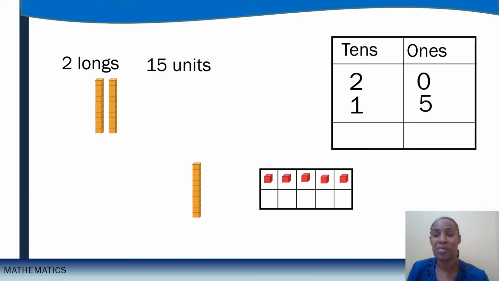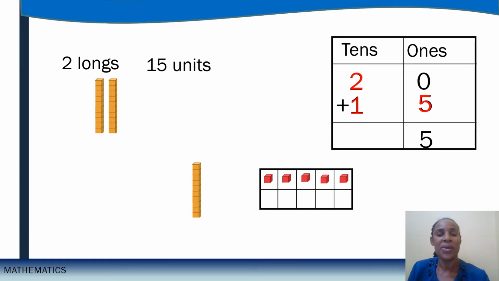Boys and girls, remember, we want to identify the number that these base 10 blocks represent. So we will add each column. We have 5 added to 0, that gives us 5. And in our tens column, we have 2 tens, and we will add 1 ten to that.